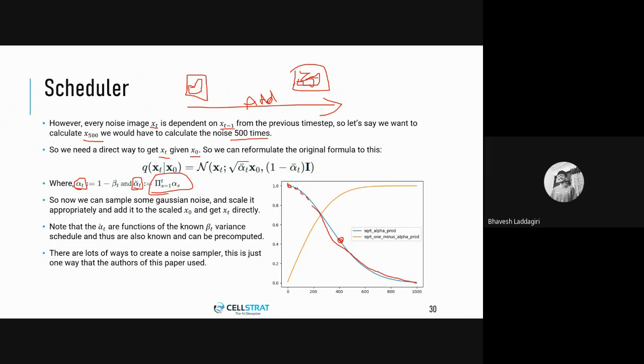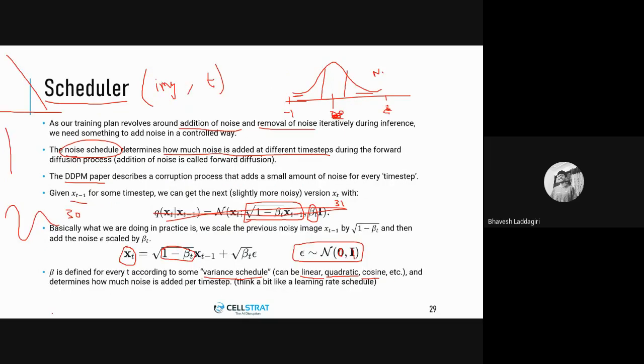So we get that, and we basically do two things. This part is replaced by root of alpha t bar, and the variance part is replaced by 1 minus alpha t bar.